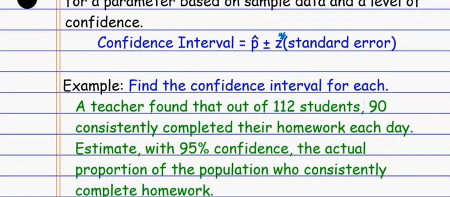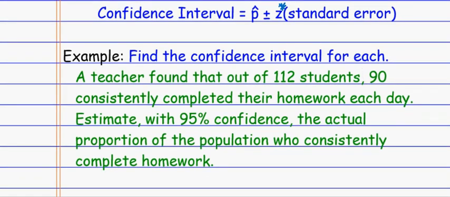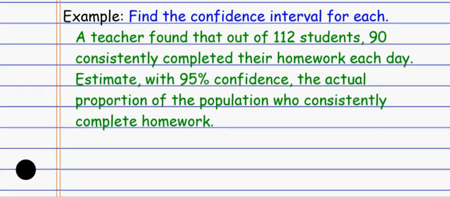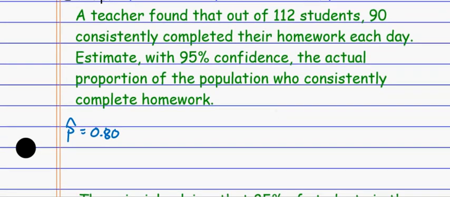For example, if I look at something like this guy, I want to find this with 95% confidence. And we've already done a lot of the legwork on this. This is the same example that we did earlier in the notes. And so earlier in the notes, we already calculated p hat. P hat for this one was 0.80. Was 80%. We already calculated the standard error for this thing.